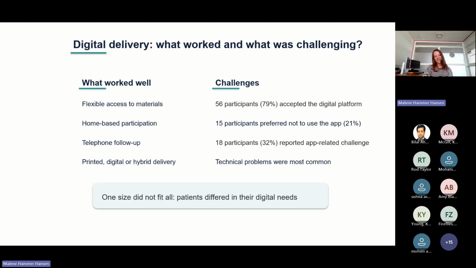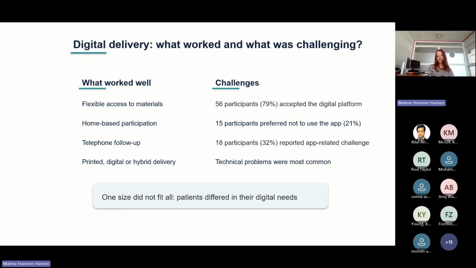So as we expected, we also experienced some challenges with the digital part of the program. So among the participants who used the app, 18 reported at least one app-related challenge. So we evaluated app-related challenges by asking at each follow-up if the participants had experienced a challenge. And if participants then reported a challenge, we asked 3 follow-up questions.